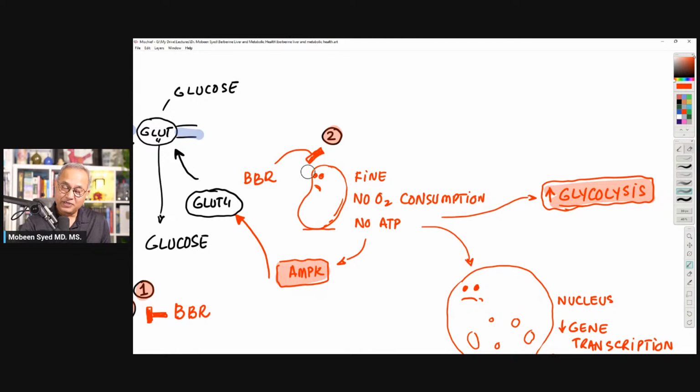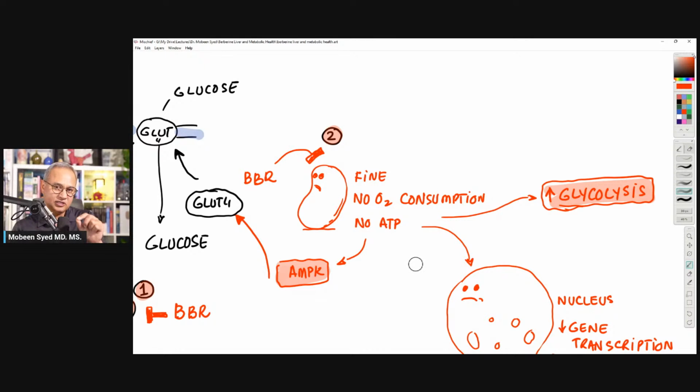So, right? Berberine. The first thing to remember, berberine acts on the complex 1 of the electron transport chain inside the mitochondria. Now, also remember, metformin does that too. So this behavior of metformin and berberine is very similar.